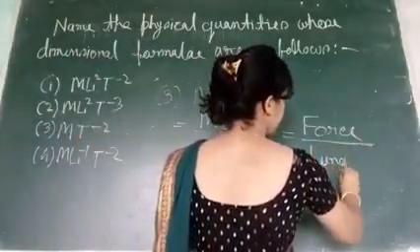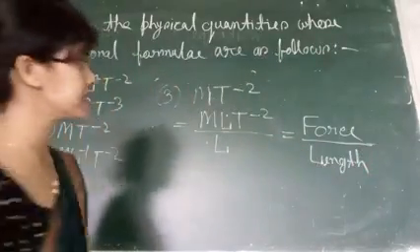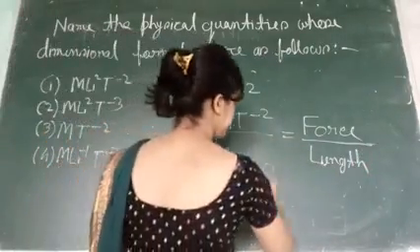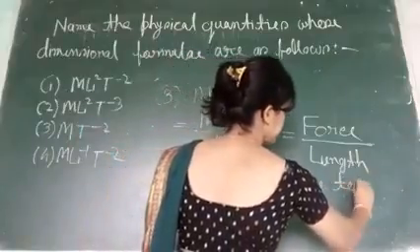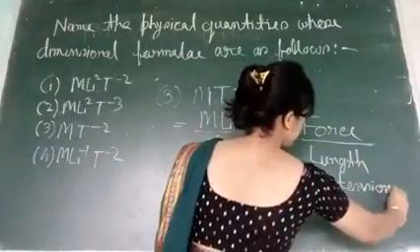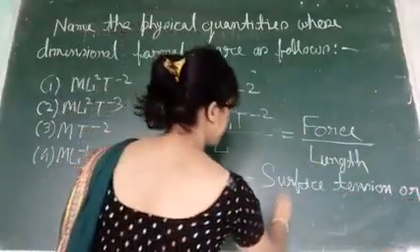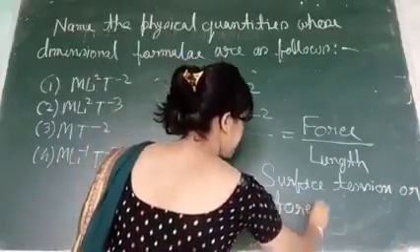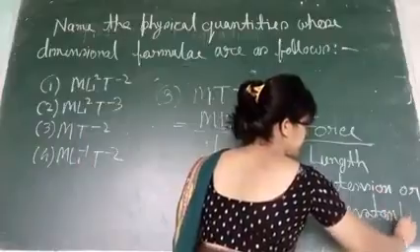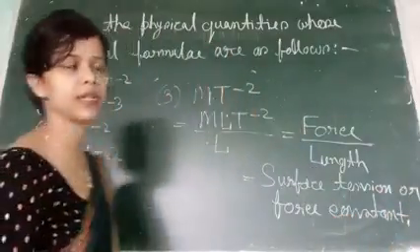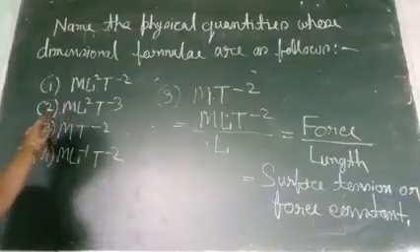So force divided by length, we can write in this way, surface tension, or it may be written in this way also, force per unit length.